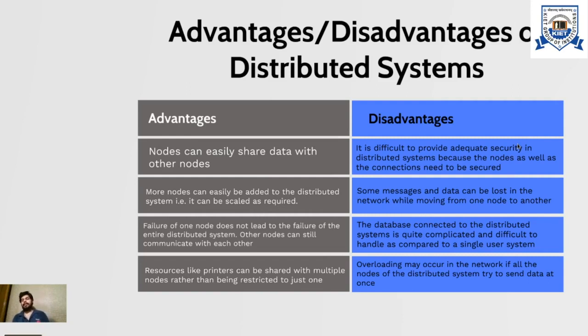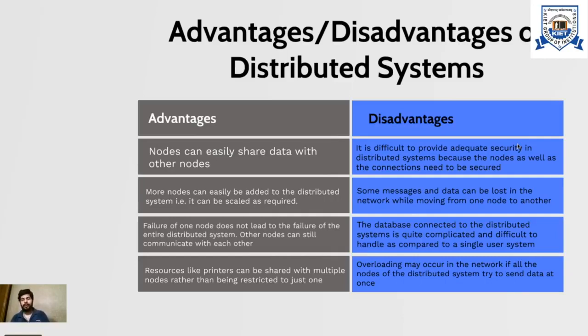Next, a database connected to the distributed system is quite complicated and difficult to handle as compared to a single user system. Obviously, it is easy to install SQL on my local system rather than sharing it over a distributed system where any node which is connected with my system can manipulate my database.